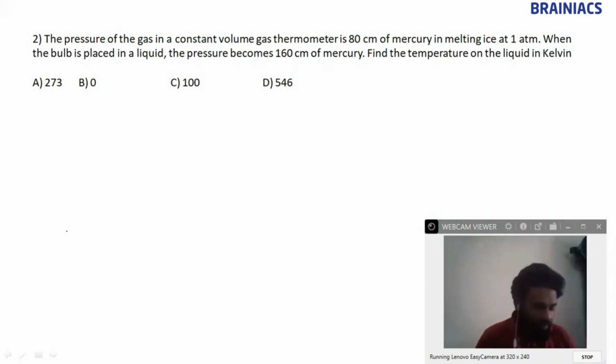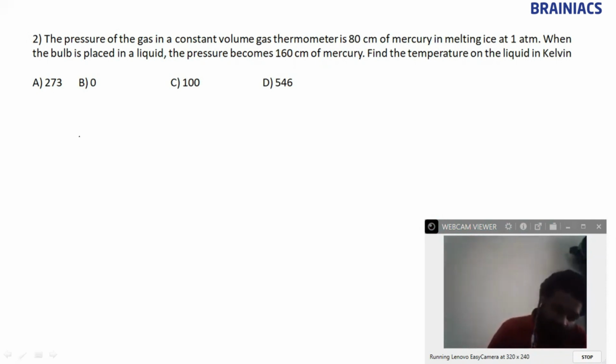Okay, so here two cases are given. One case is the pressure is 80 centimeter of mercury at melting ice and atmospheric pressure is 1 atmosphere. Then the bulb is placed in a liquid, and the pressure becomes 160. They are asking the temperature of the liquid in Kelvin.